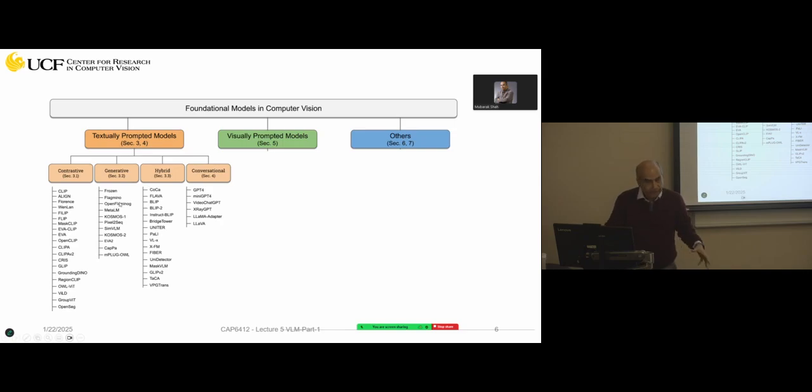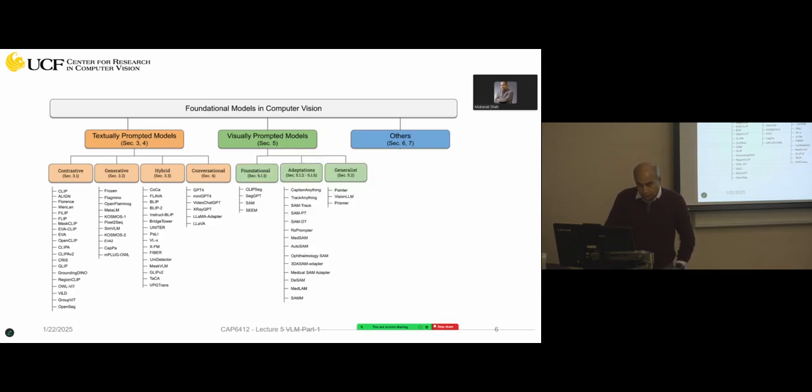Then there is a generative model, which is different: we want to predict the next word as output, like Flamingo and so on. We'll talk about that. Now CoCa is a model which combines the contrastive and generative, and that's actually the next thing I'm going to talk about. And GPT-4 is a conversational model. GPT-4 or ChatGPT is built on GPT, which just predicts the next word, but then you add instruction tuning, and it becomes a conversational model. You can ask a question, it answers you, and so on.